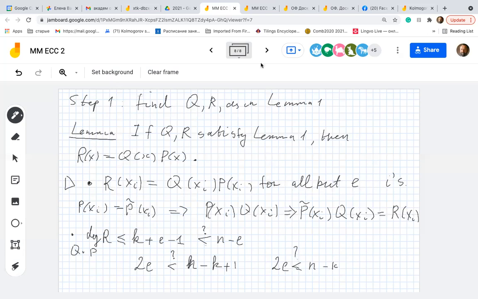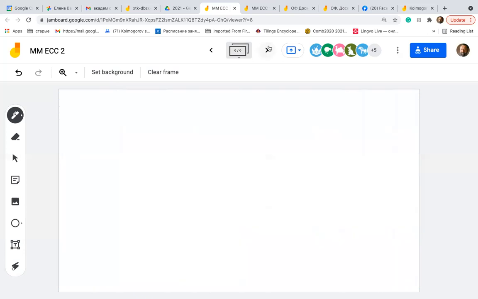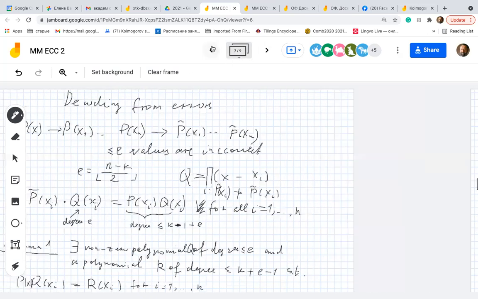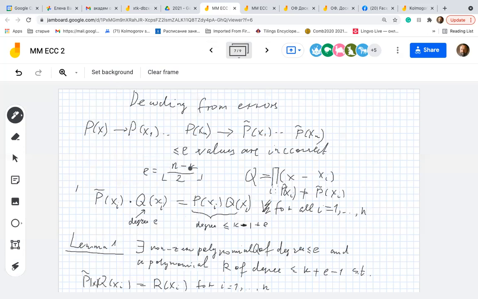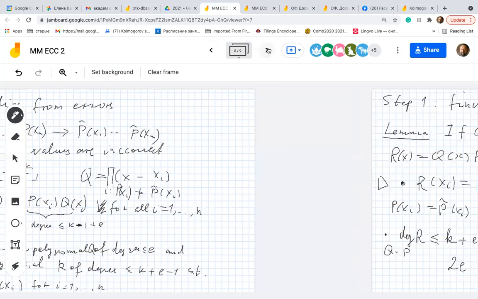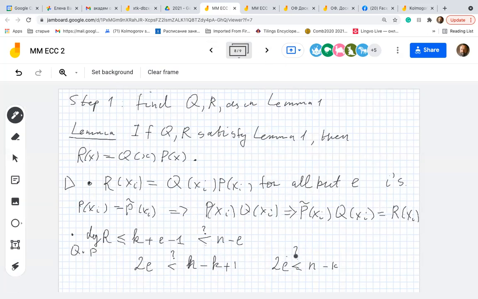But this is given to us as our assumption, because our e is actually the floor of (n minus k) over 2. That means that 2e is anyway at most n minus k. So this is our assumption, because we have chosen e so that this inequality holds.